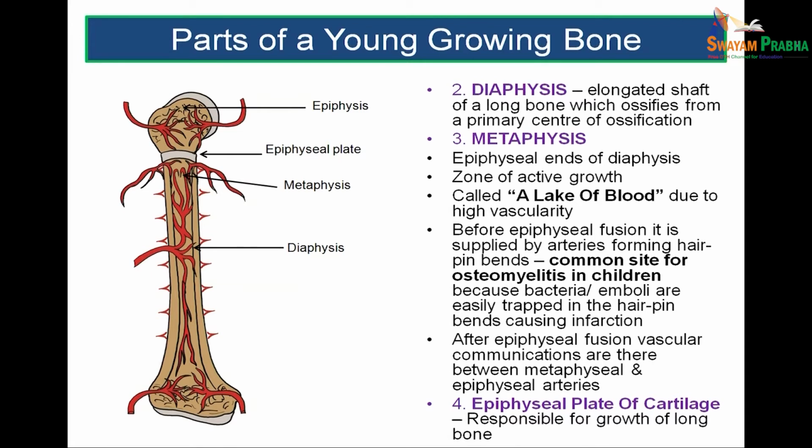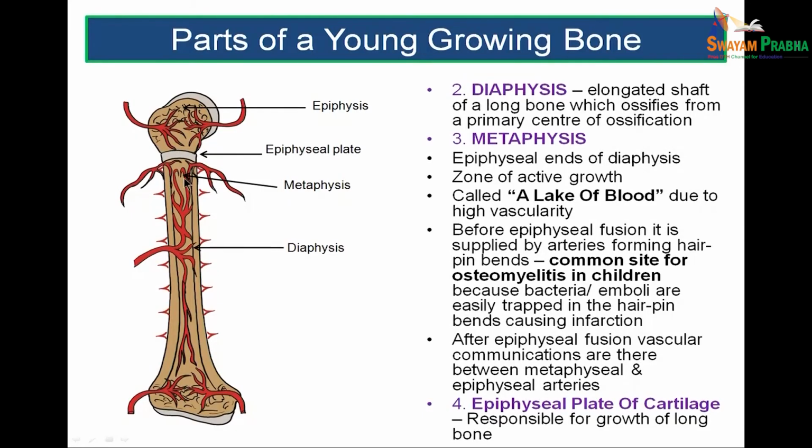In whom? In children. Now, in children, the growth plate of cartilage still exists, whereas in adults, the growth plate of cartilage will disappear once the epiphysis fuses to the diaphysis. So, osteomyelitis due to hairpin bend vessels in the metaphysis is an occurrence only in a younger age group, basically in children.